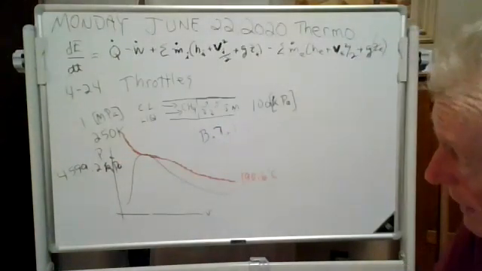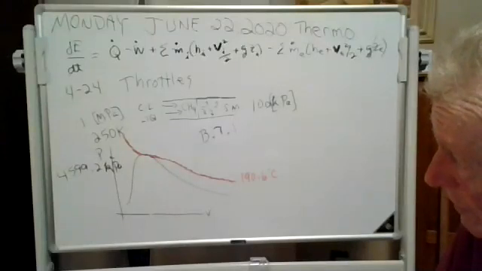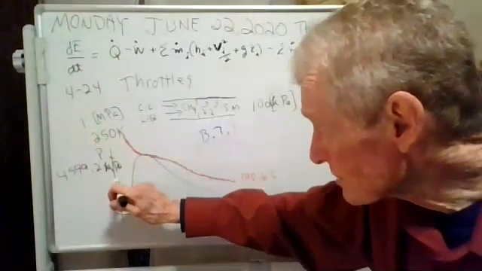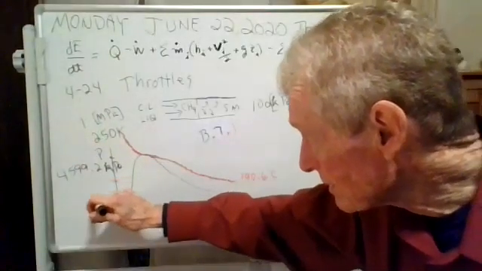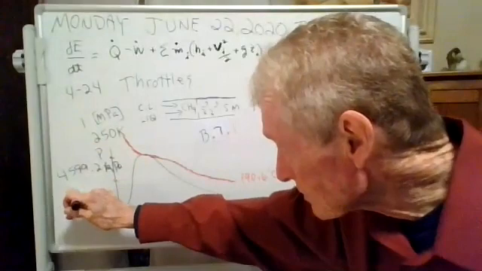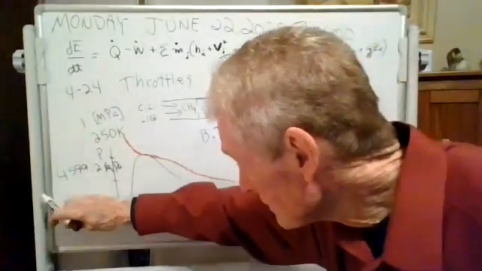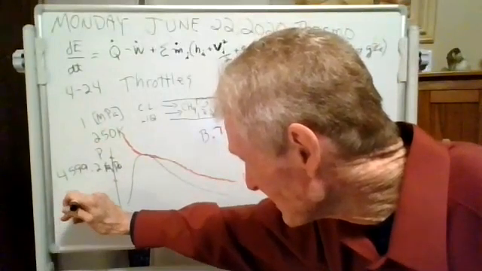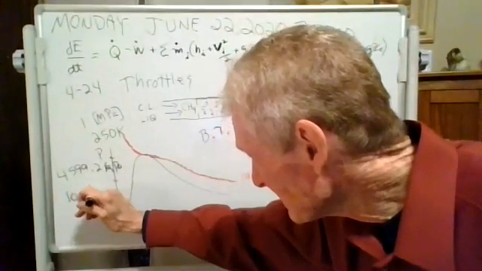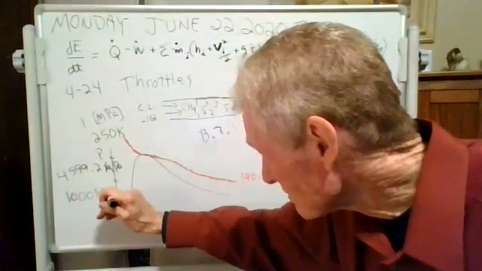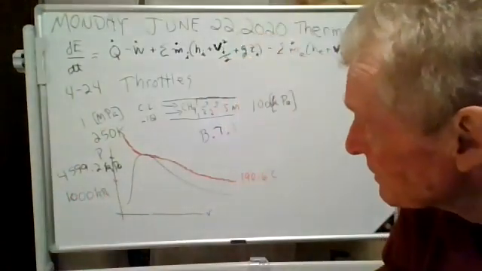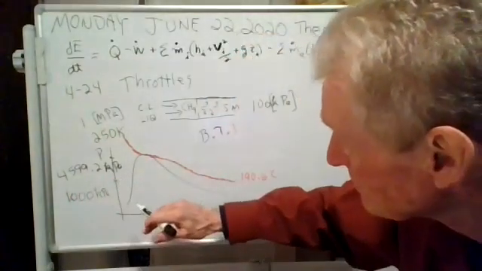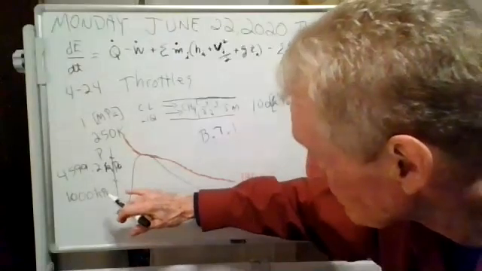But now see what we have is 1 megapascal. Well, that's 1,000 kilopascals. That's lower. Here's 1,000 kilopascals. Maybe I should draw it a little higher.